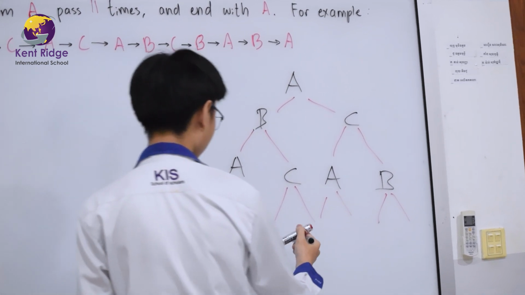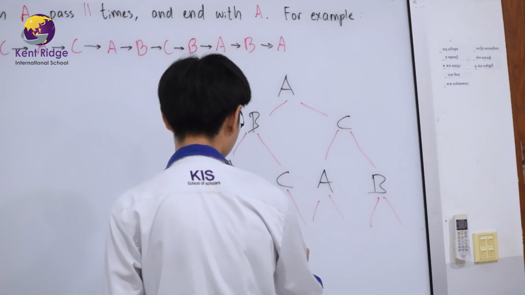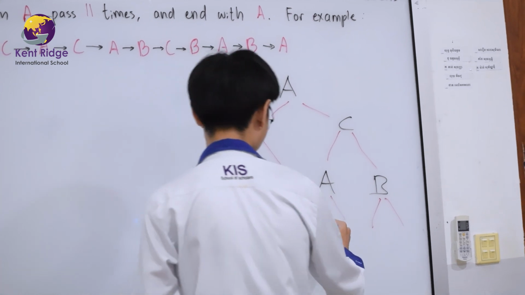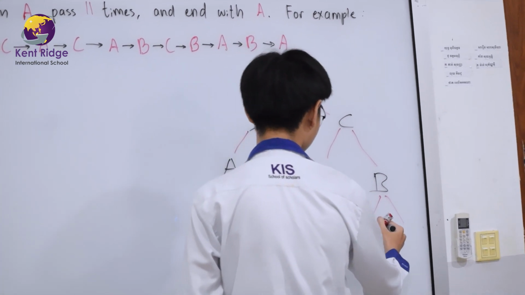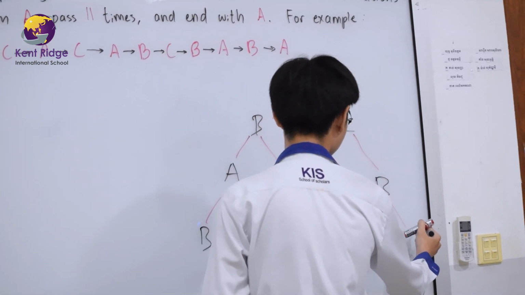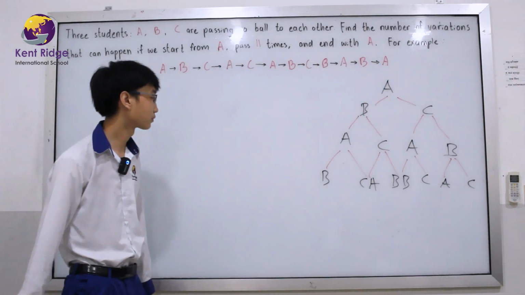A can pass to C, can pass to A or to B, pass to B or to C, A or to C. Okay.